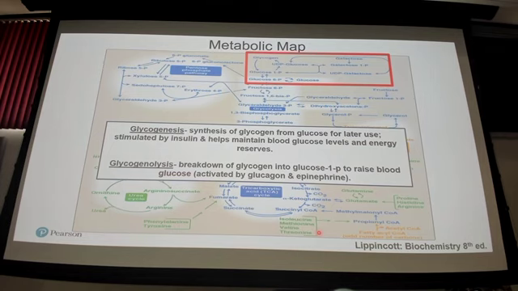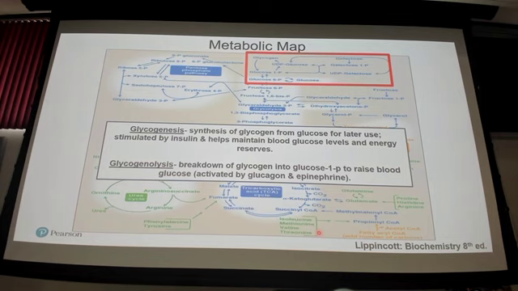So now we're going to talk about glycogenesis and glycogenolysis. So we already have three words that sound the same: glycolysis, glycogenesis, glycogenolysis, and there's going to be one more. So what's glycolysis? The breakdown of glucose. So glycogenesis is the synthesis of glycogen for later use. Insulin regulates glycogen synthesis, so when we have a lot of blood glucose, insulin will be released.